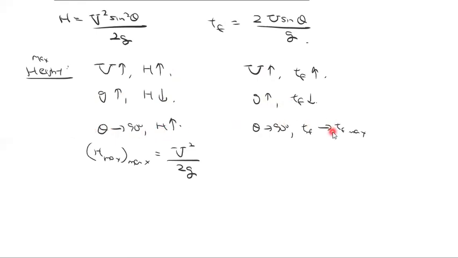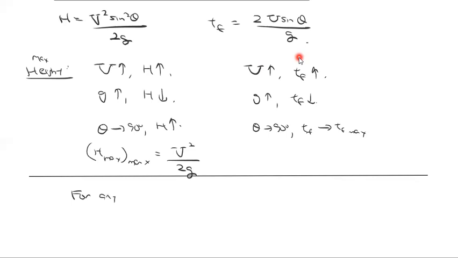And so another important point you might realize, and I'm not going to prove it mathematically, but you can do so in your own time if you're algebraically inclined: for any projectile with the same max height, it will have the same time of flight.